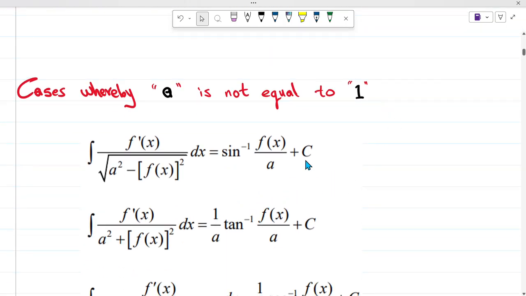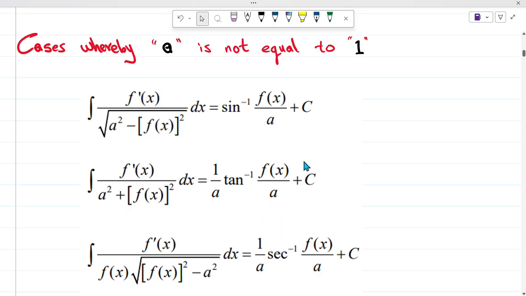It's just that you need to make sure that now you have A squared. You'll see how I'm gonna do it. So these are the formulas that we're gonna use when we have the integral of f prime of x divided by the square root of a squared minus f of x squared. We then say this is equivalent to sine inverse of f of x divided by a.